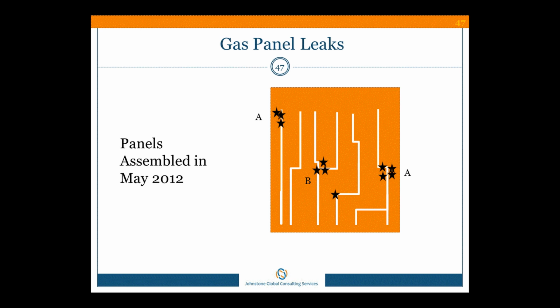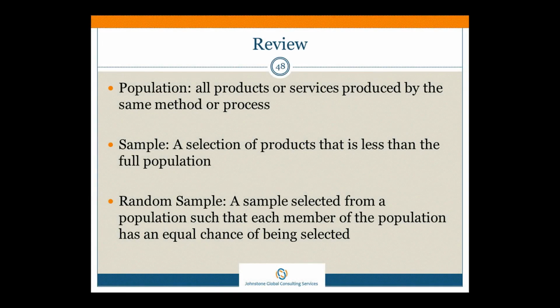Locations marked A were next to the edge of the enclosure, and the operator said it was hard to get the wrenches onto the fittings to tighten them up, while location B had a manifold design that was very hard to align. Using this information, the engineer was able to alter his design and reduce the number of leaks.